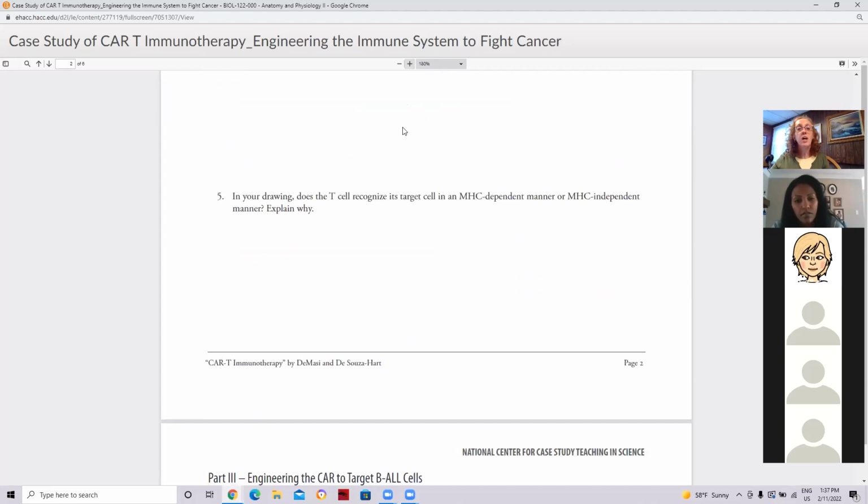Let's see here. In your drawing, does the T cell recognize its target in an MHC dependent manner or independent manner? Why would you think it would be MHC independent?